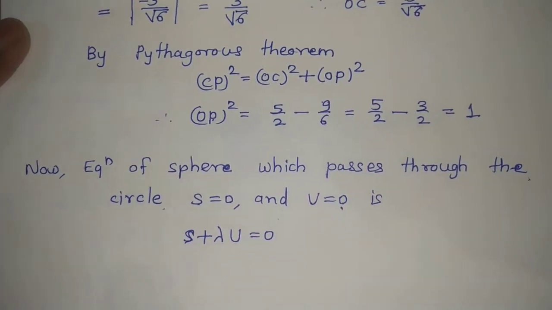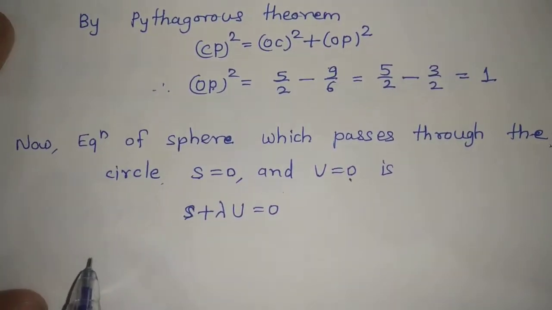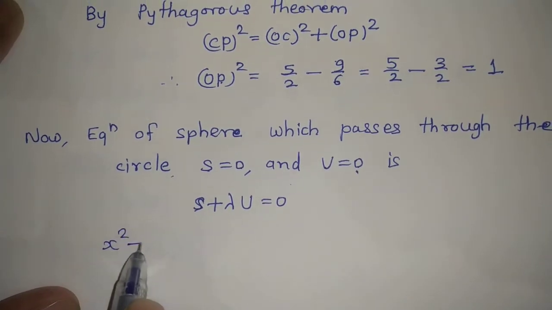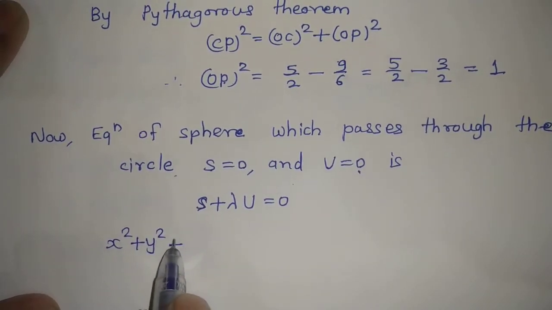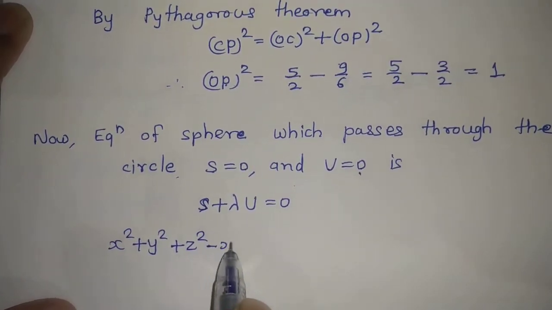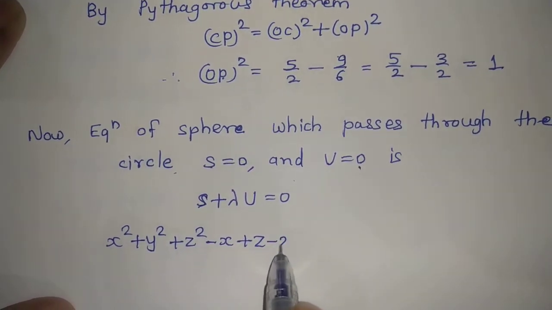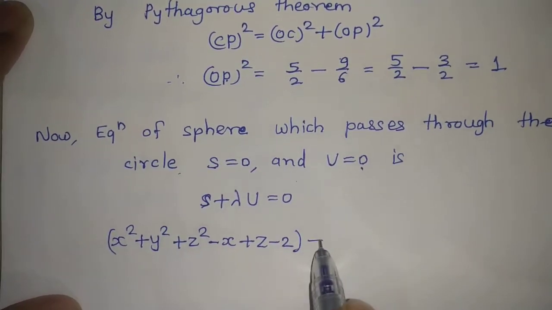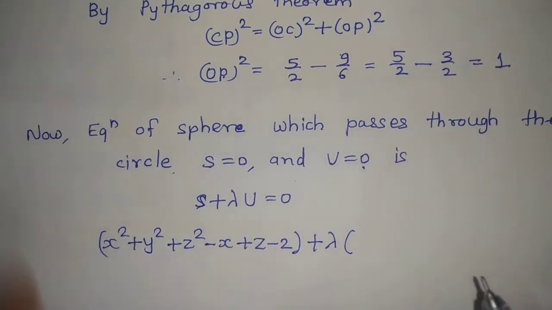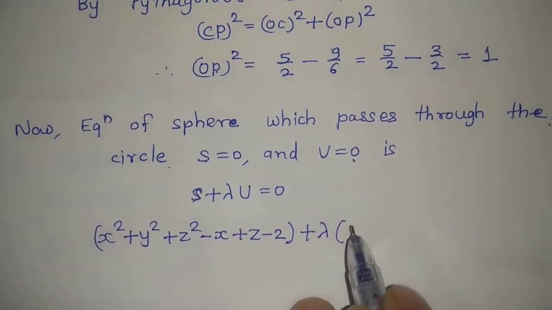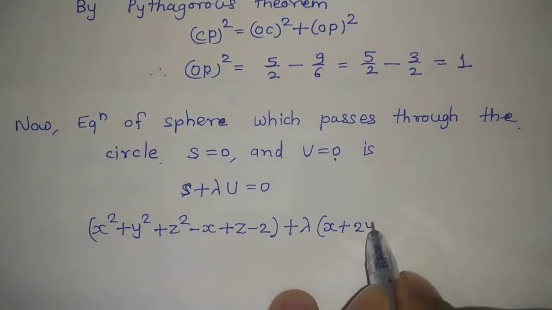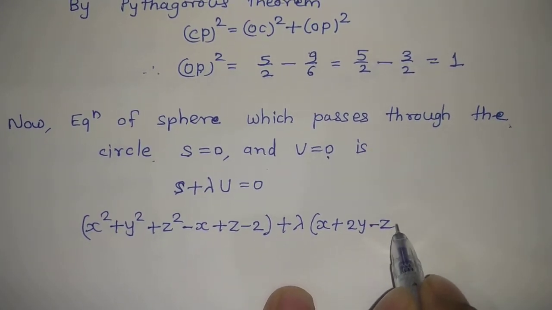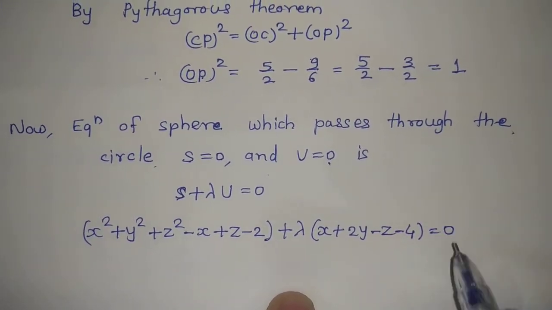Now what is S, which is the given sphere, that is x square plus y square plus z square minus x plus z minus 2, plus lambda times U, that is the equation of the plane. So x plus 2y minus z minus 4 is equal to 0.